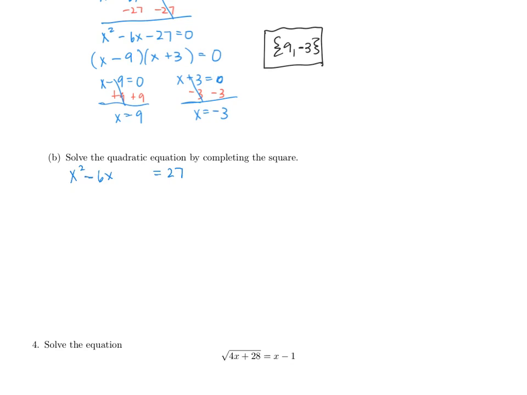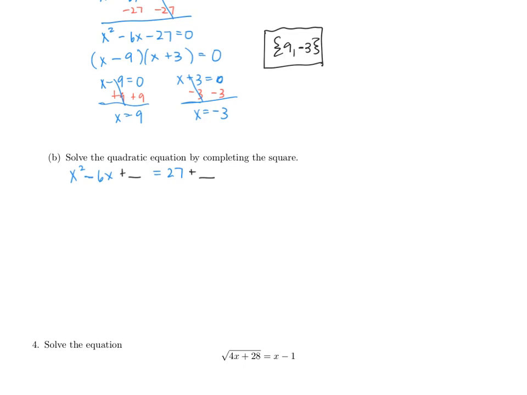And then what we want to do is put a plus blank here and a plus blank here. And we're going to fill in the blank so that what's on the left is a perfect square trinomial. So remember, that means we're going to have some binomial squared, like x plus 2 squared, or something of that nature. So let's see. Remember how you fill in the blank?